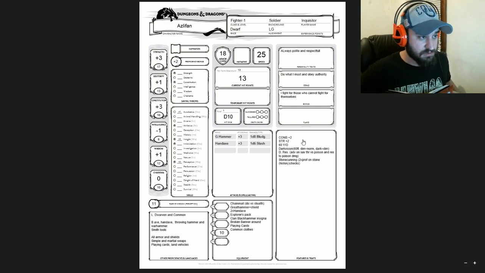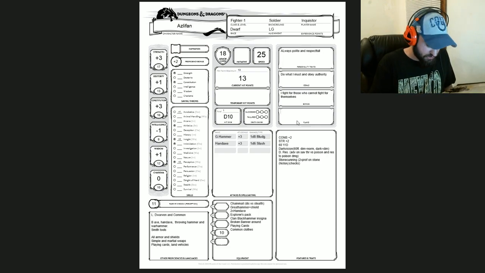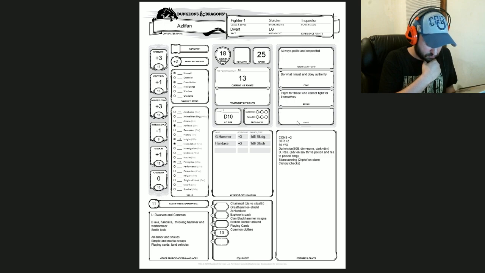And in our flaws, I had a really funny flaw, which was pyromaniac, but we're not going to go with that, because that was worked out with my DM. The monstrous enemy we faced in battle still leaves me quivering with fear. I have little respect for anyone who is not a proven warrior. I made a terrible mistake in battle that cost many lives, and I would do anything to keep that mistake secret.